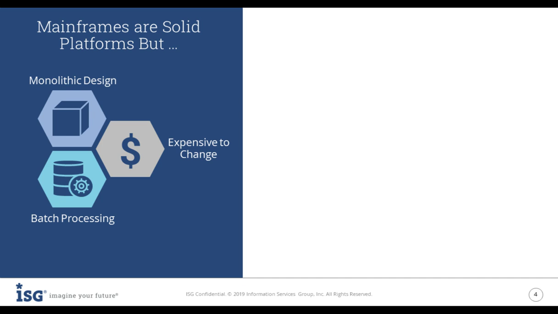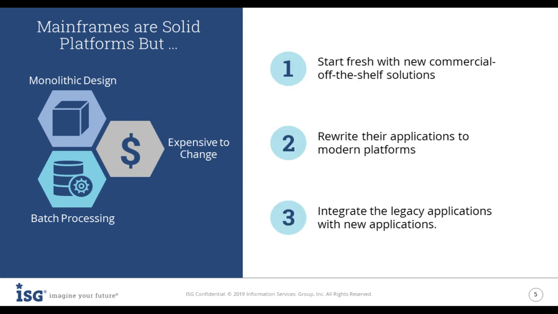Mainframes reflect a monolithic design, primarily using batch processing, which makes them expensive to change. So for many years, people have been selectively moving mainframe processing to more modern and flexible platforms. Enterprises make the shift in three main ways.